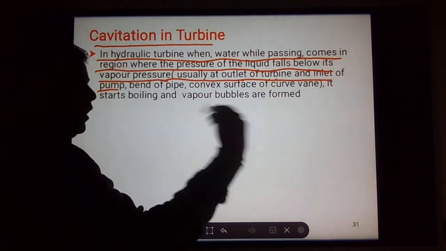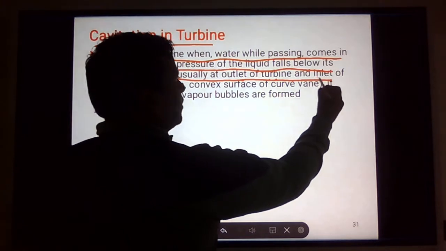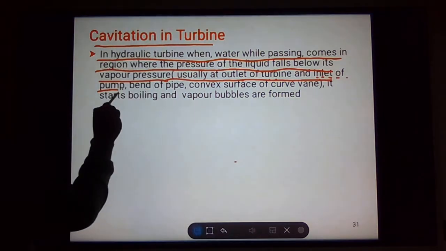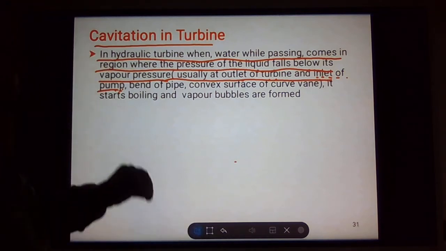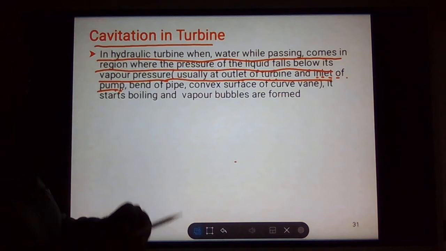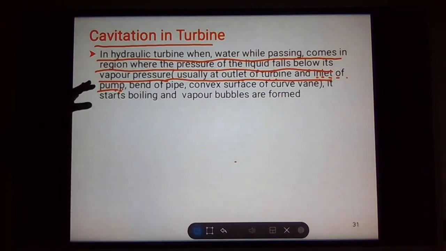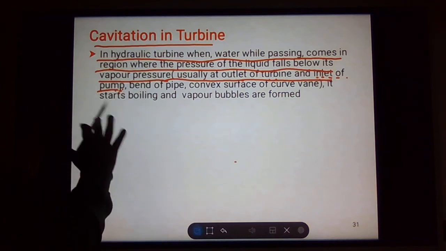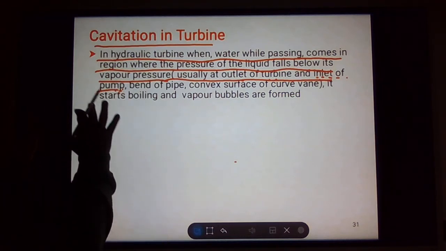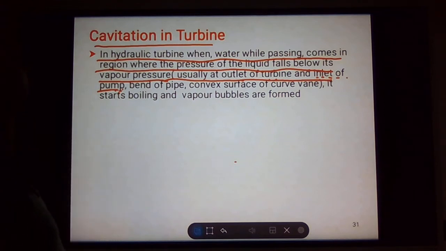Similarly, this will be there at the inlet of the pump, where suction pressure is created. At that point you have a vacuum pressure, a very low pressure, which is also below the vapor pressure of the liquid.